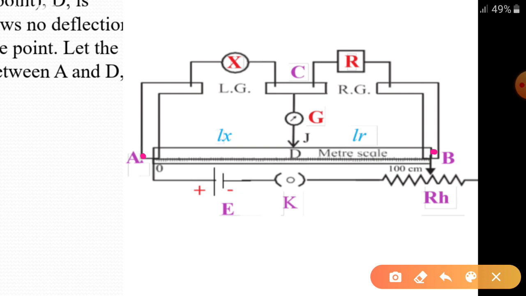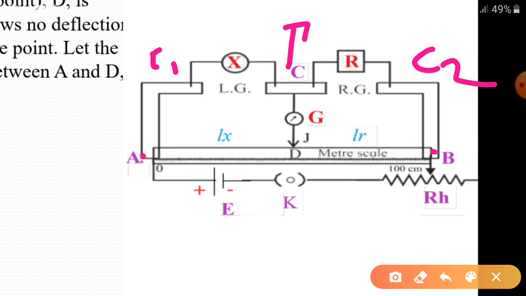A 1 meter length of the wire is stretched on a rectangular wooden board between two thick L-shaped copper metallic strips, C1 and C2.